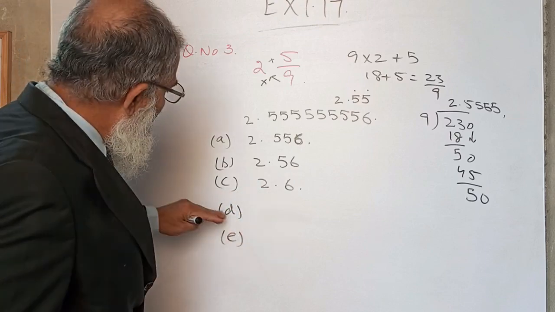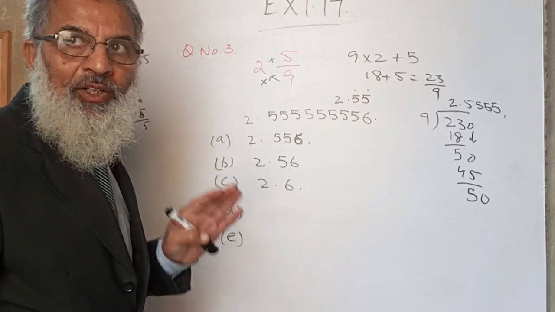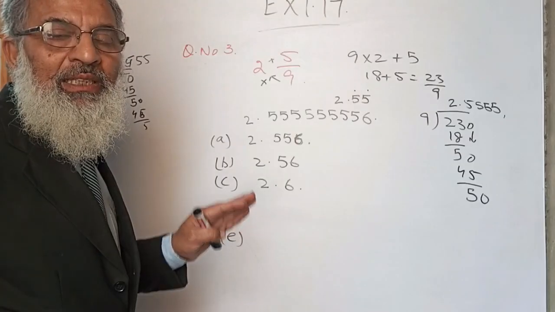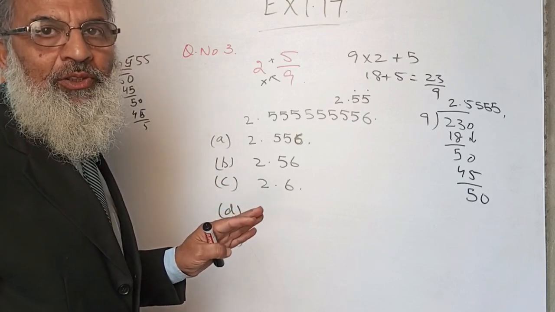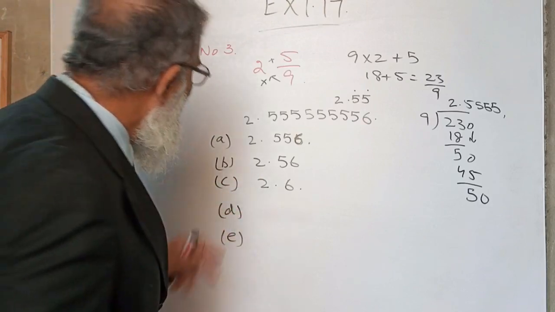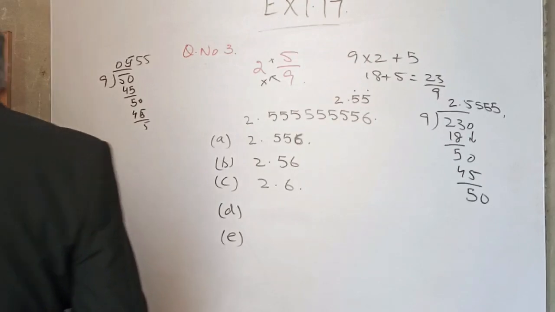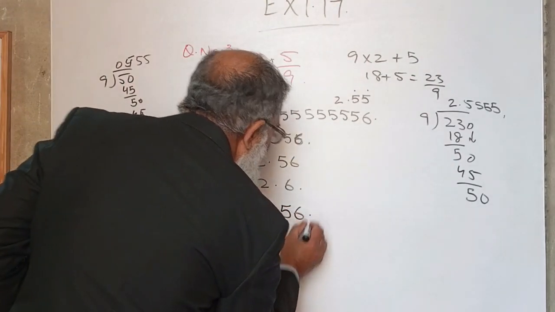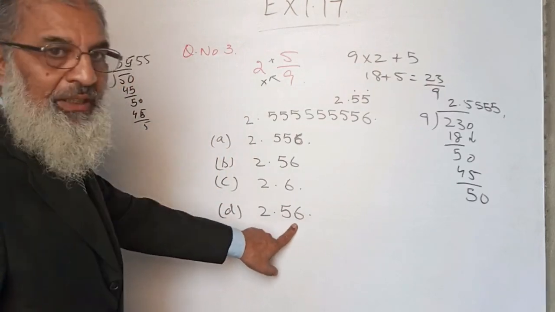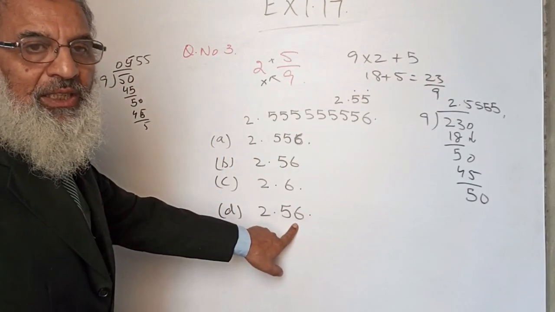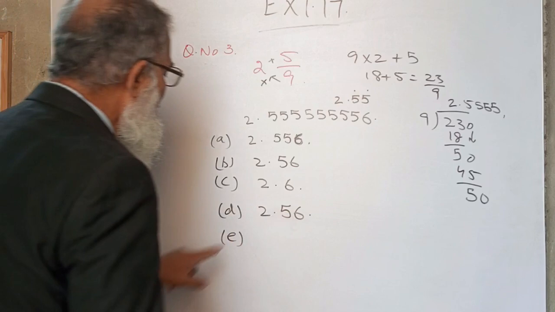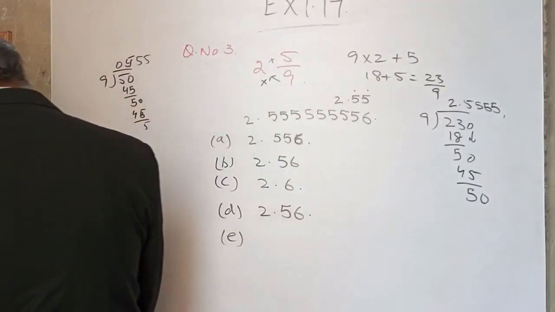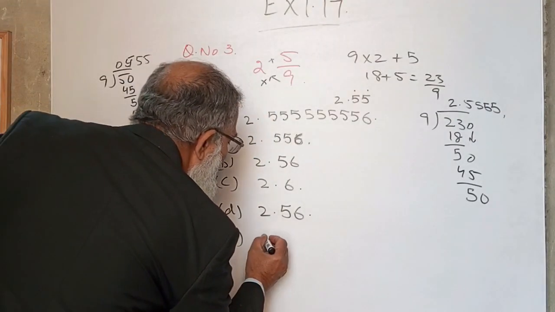Now D, E, F are not decimal places, but significant figures. There is a little difference between figures and decimals. So we have to write it like this: up to 3 significant places, 2 significant places.